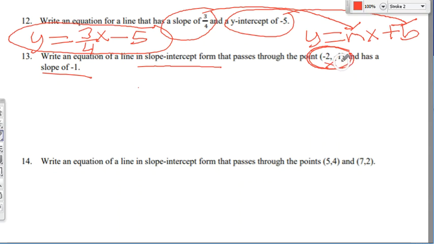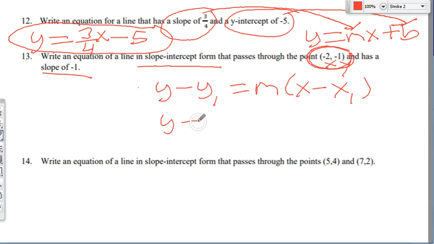So this is our x, this is our y. Point slope is y minus the y from our point is equal to the slope times x minus the x from our point. Okay, so y minus -1 equals m, which is 1, times x minus -2.